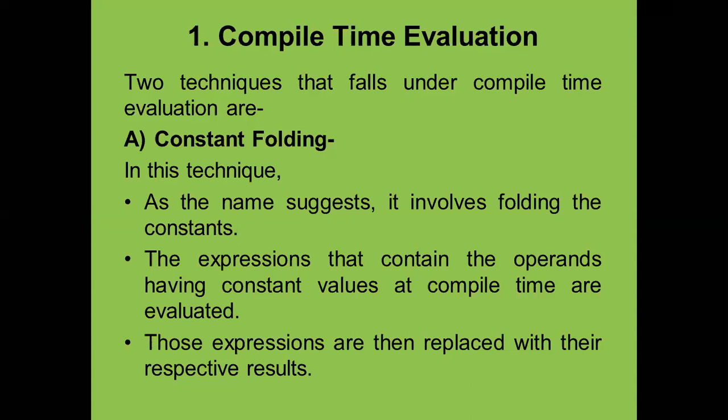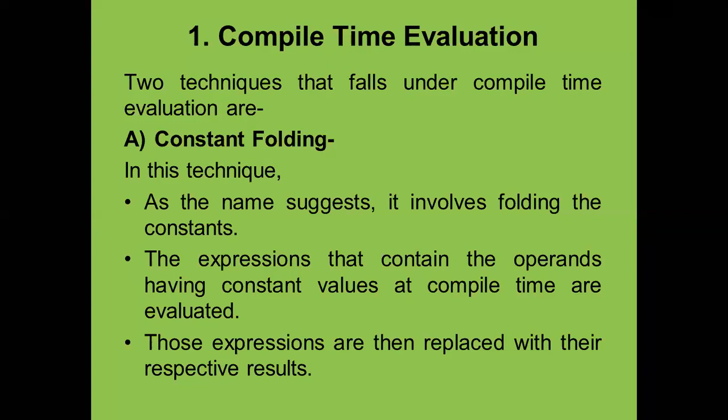Now we can see the expressions that contain operands having constant values are evaluated at compile time. So first we evaluate those constants. No need to write like 2 into 3.14 into some other value given in the expression, and after that a plus b. Suppose there is a formula which depends on some constant values and these are fixed.